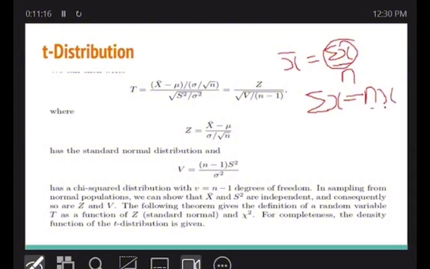Do you know that? Do you know that if you have n data, like your sample size is n, the degree of freedom is talking about the number of parameters, or the number of values that we allow to vary.